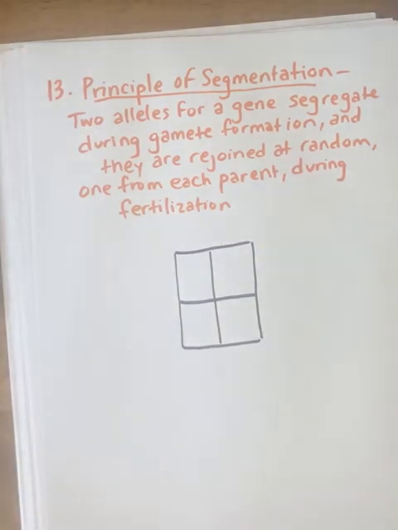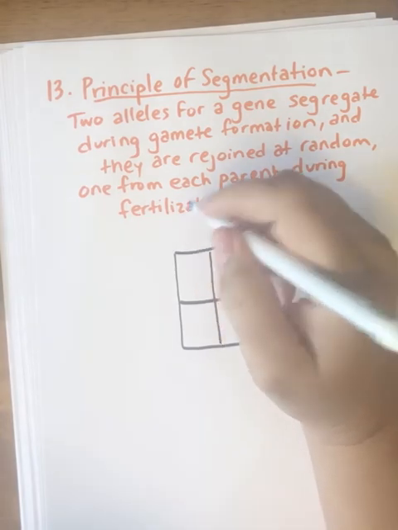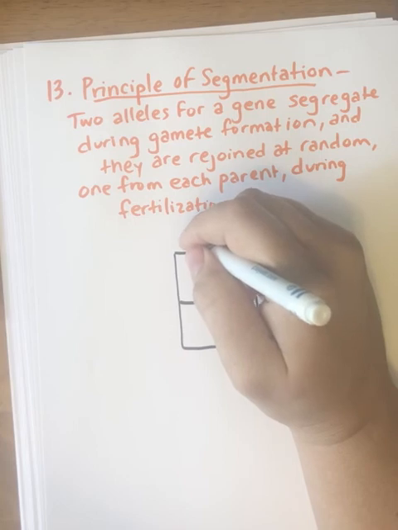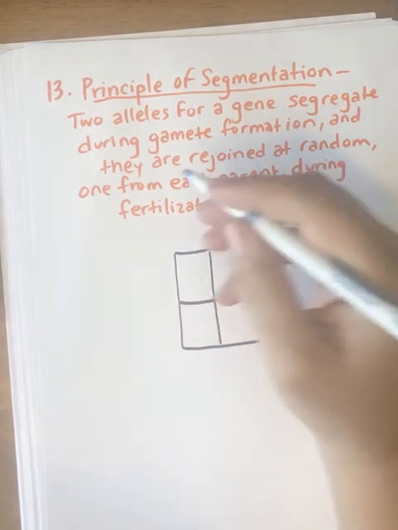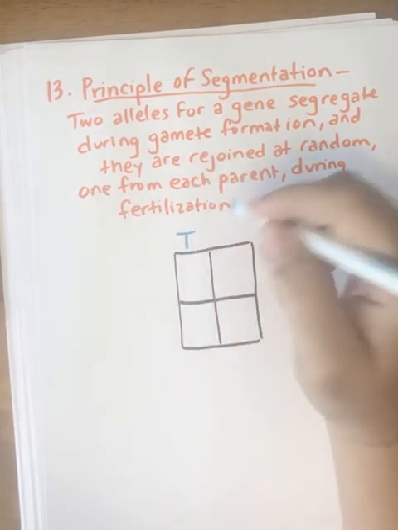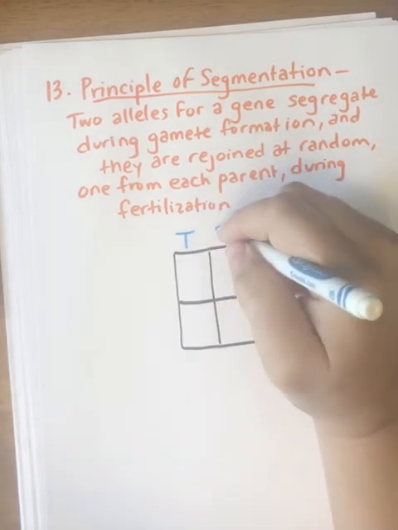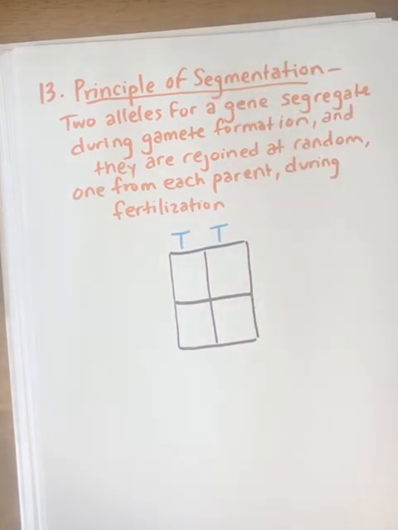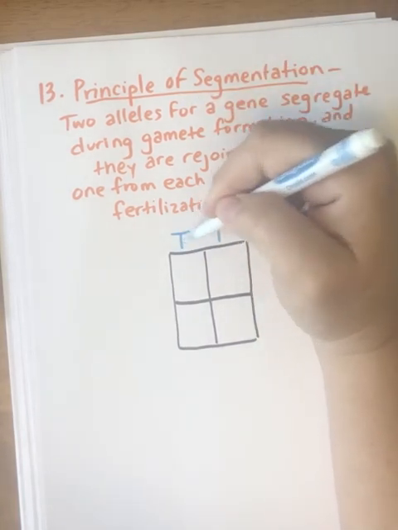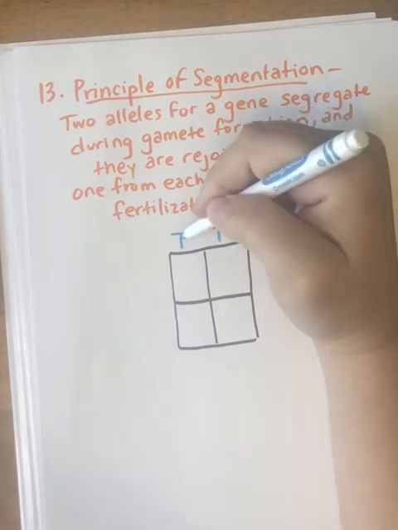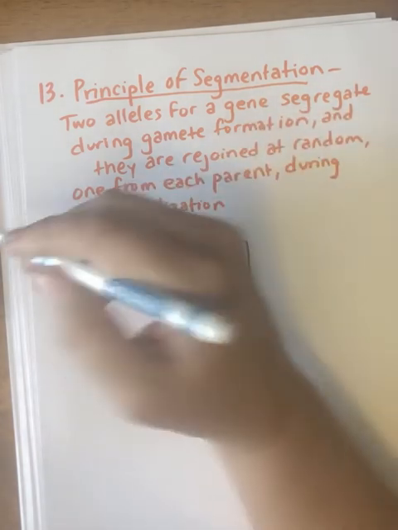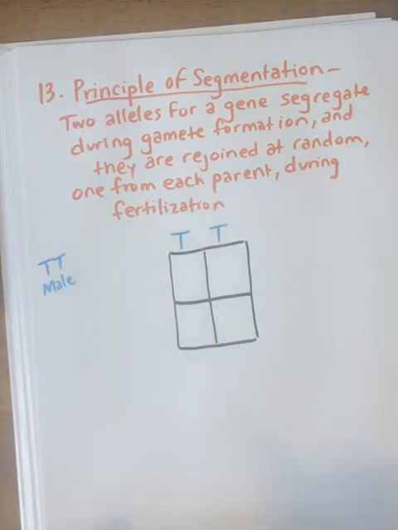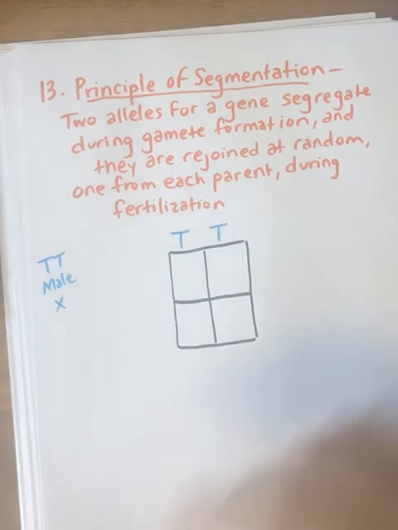So the father could be homozygous dominant. So literally, if you cross a man who's homozygous dominant, first of all, the gametes have to separate. You have genetic material. This is gene segregation during meiosis. This is the male. Those separate, so we divide them. Literally, this is a male that you're crossing with a female.